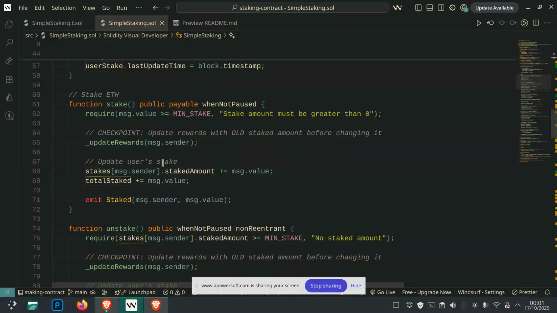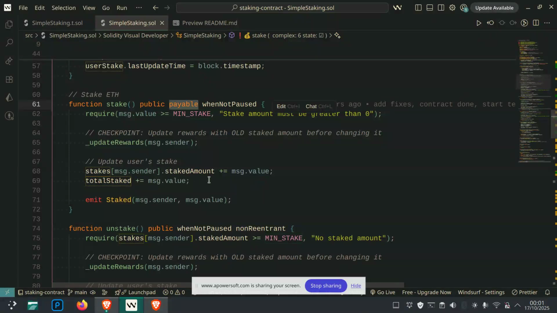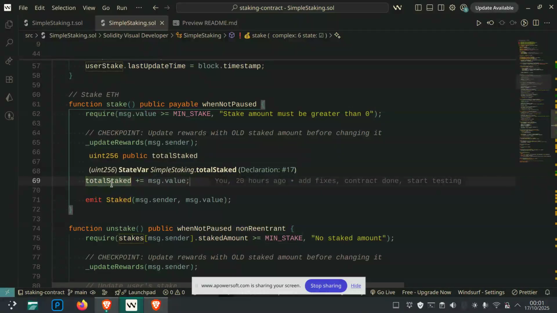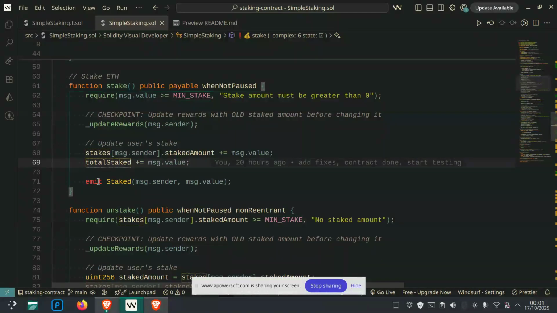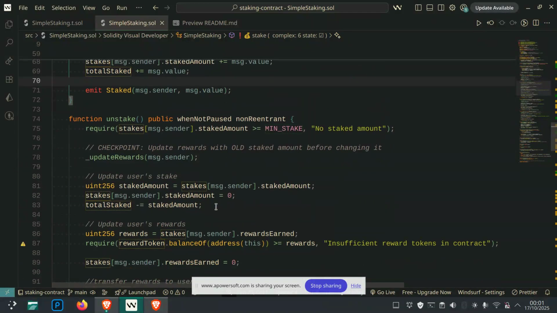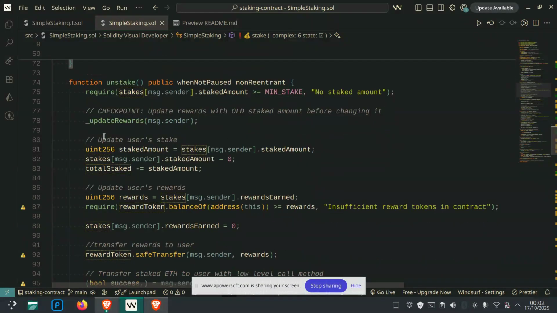Then we update the user stake with the message value, which is the amount they pay using this function, and we increment the total stake because we want to keep track of how much ether has been staked in the contract, and we emit an event. Easy peasy.